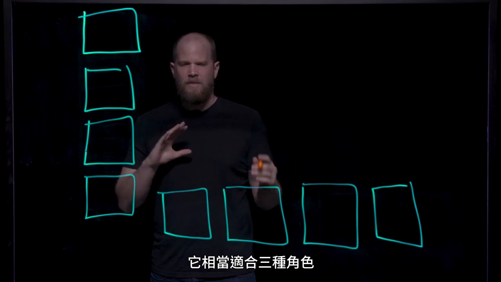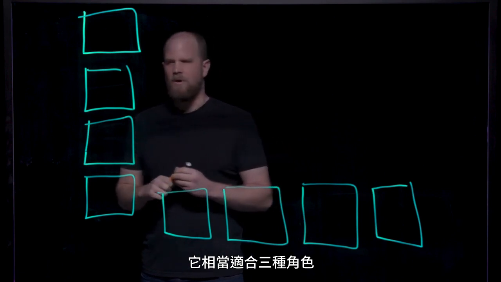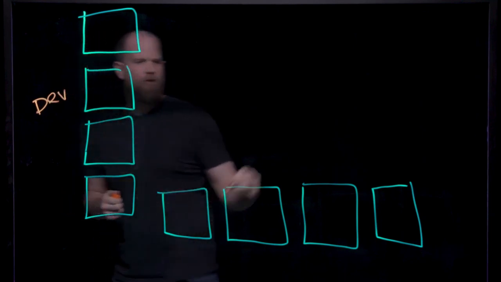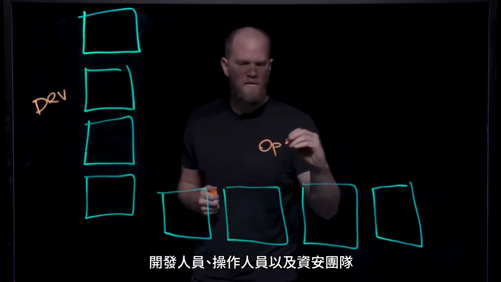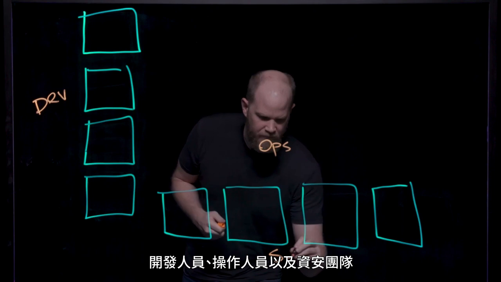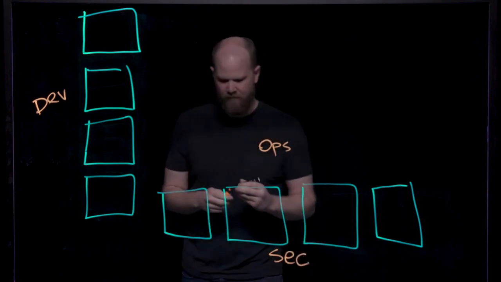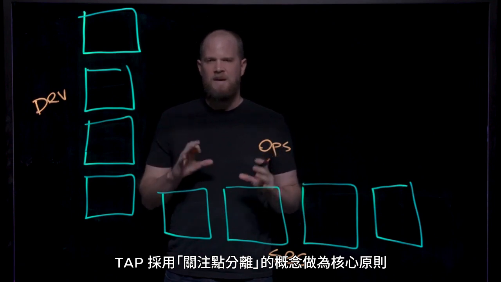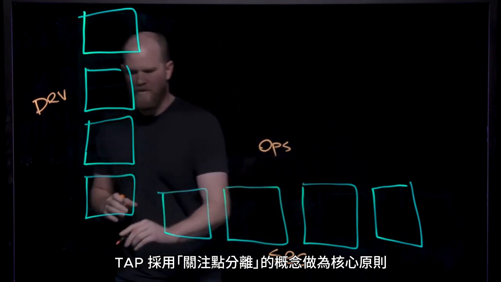So when you look at the three personas that this is targeting, there are your developers, your operators, and then your security team. The core principle TAP is based on is this concept called separation of concern.